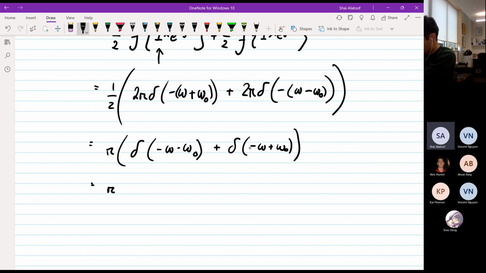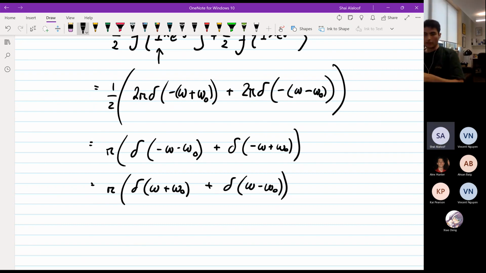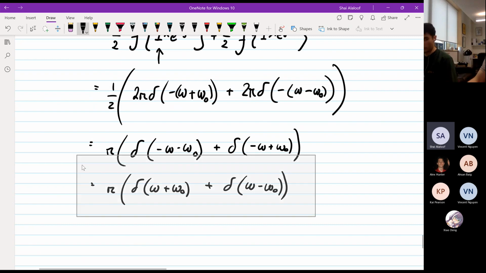And again, if you use the property that Dirac deltas are even functions, you get Dirac of omega plus omega naught plus Dirac of omega minus omega naught. There you go. That's it. And that's actually the exact Fourier transform of cosine. You can verify it on the table if you want.